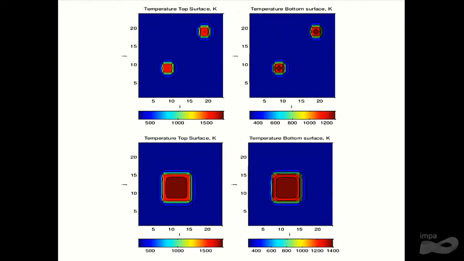This is the solution of the three-dimensional problem, where this is the temperature at the top surface and at the bottom surface. In one case the heat flux is concentrated at 2 points, like 2 lasers, and here it is concentrated at one big region at the center, like a big laser there. So very large heat flux concentrated in these regions.